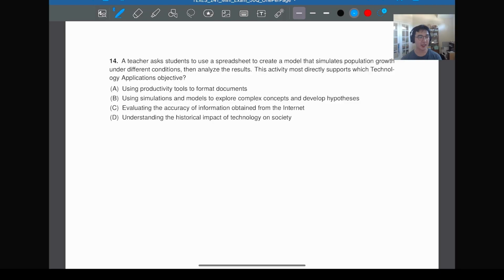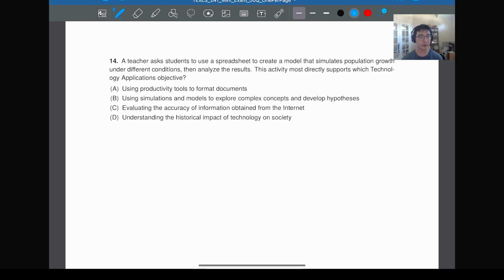C, evaluating the accuracy of information obtained from the internet. Once again, this question isn't really saying anything about where this information is obtained. It doesn't talk about the internet at all. So I think C probably isn't the right answer. And D, understanding the historical impact of technology on society.